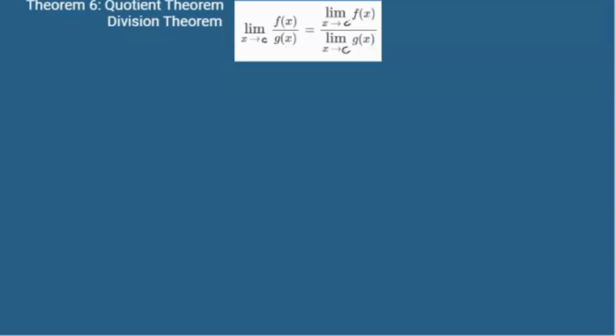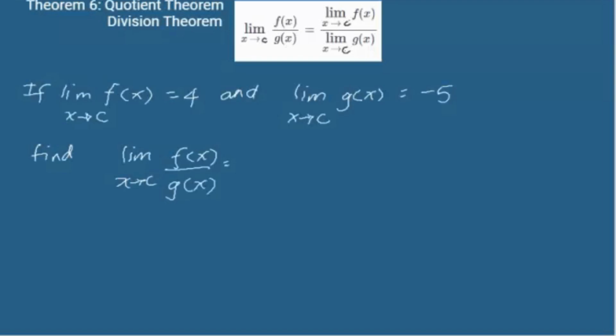Let's work on some examples. If the limit of f of x as x approaches c is equal to 4 and the limit of g of x as x approaches c is equal to -5, find the limit of f of x over g of x as x approaches c. Using the theorem, we'll get the limit for each function.